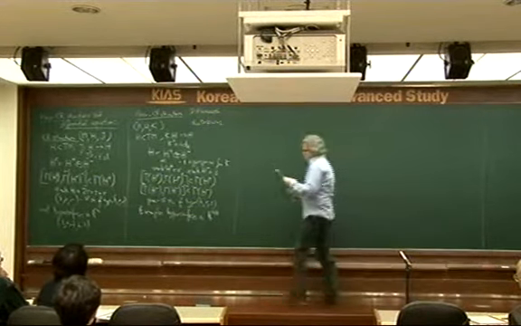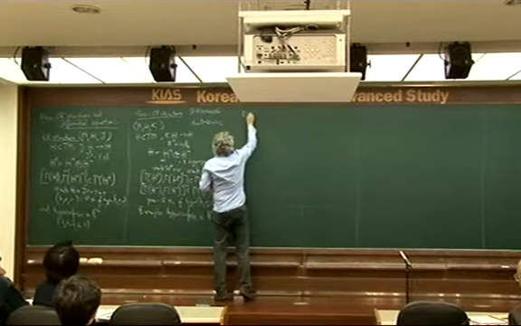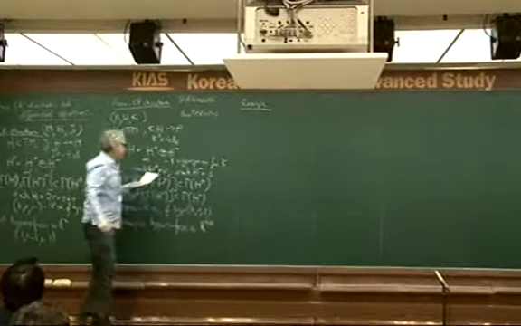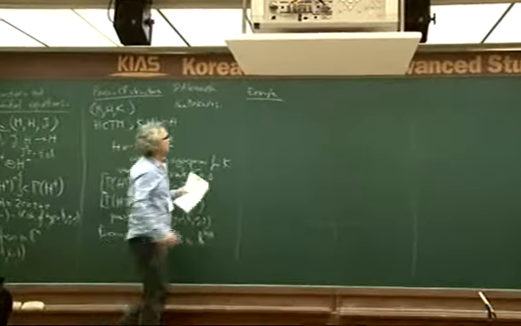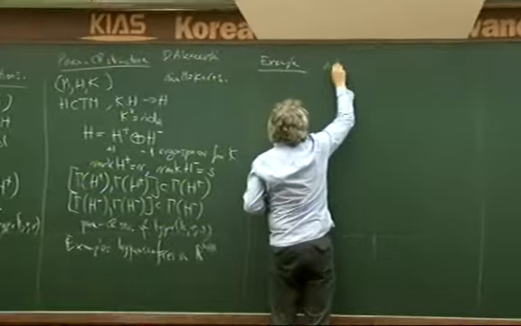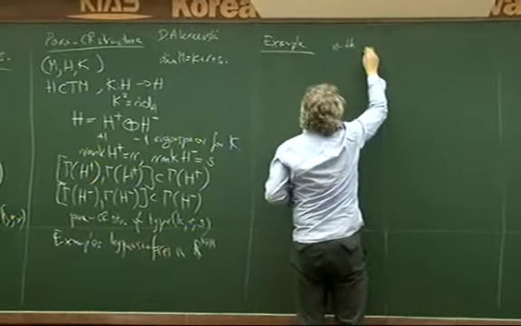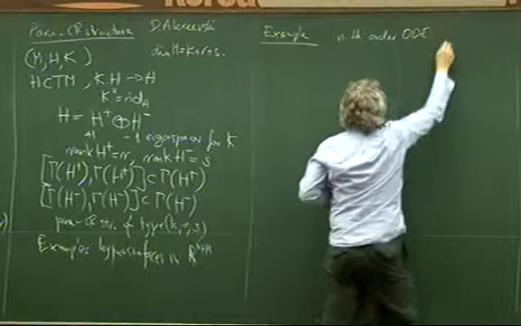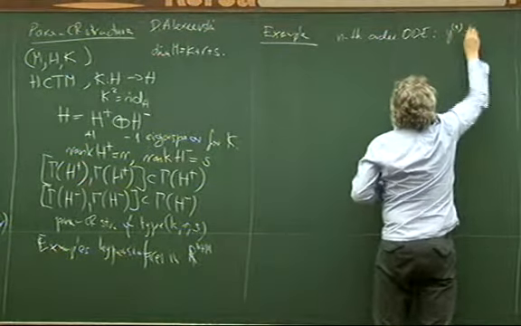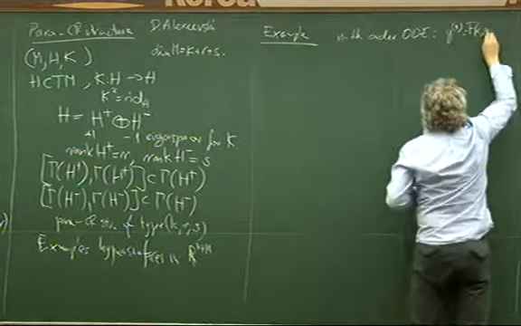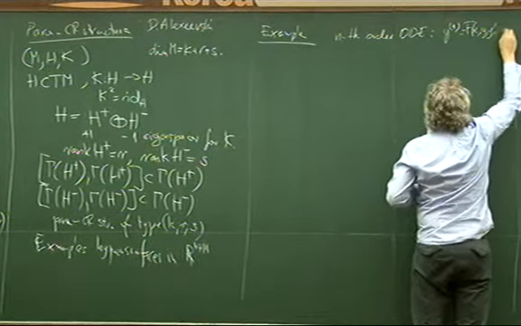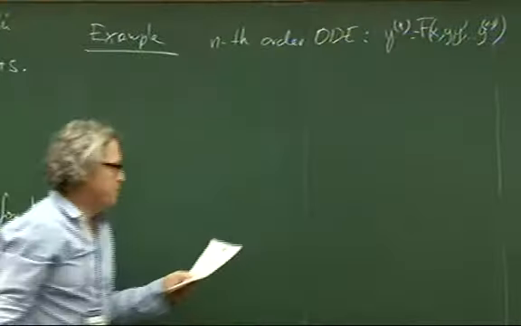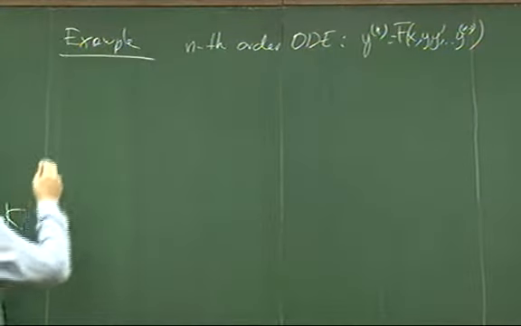So let me give you an example of how these kinds of structures appear in the theory of ODEs. So consider a simple general nth order ODE, like this, and consider its general solution.